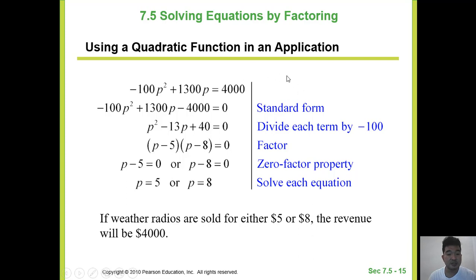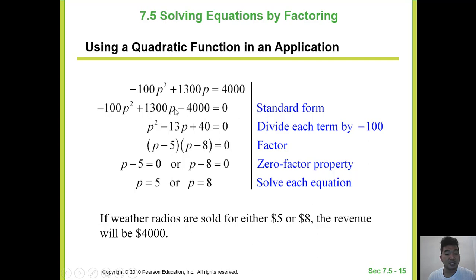Again, what is the first step? The first step is to transform the equation to standard form, meaning the right side of the equation must be equal to 0. So the standard form is negative 100p squared plus 1300p minus 4,000 equals 0. Then divide each term by negative 100, since all these terms are divisible by negative 100.